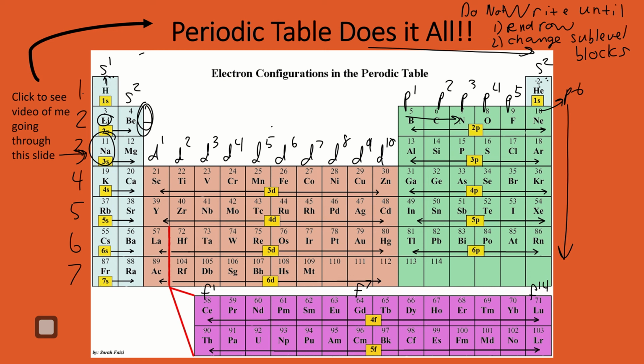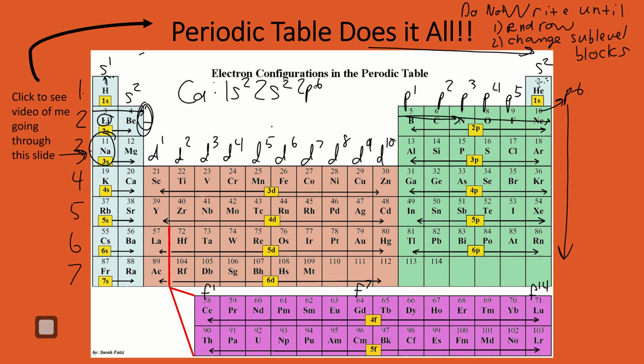I'm going to go all the way to calcium. I go across from the beginning, I finish the first row at helium, so 1s2. You always start with 1s2. I move to the second row, I'm coming out of the s block, so I write 2s2. I go into the p block, go all the way across, and finish it, so this is 2p6.